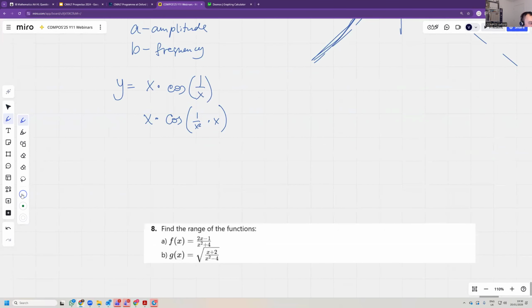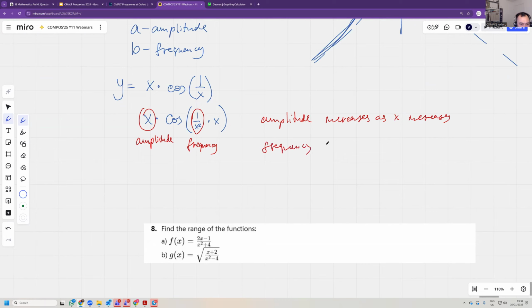So you can see that this value is the amplitude. So amplitude increases, and this is the frequency. So amplitude increases as x increases, and frequency increases as x decreases.